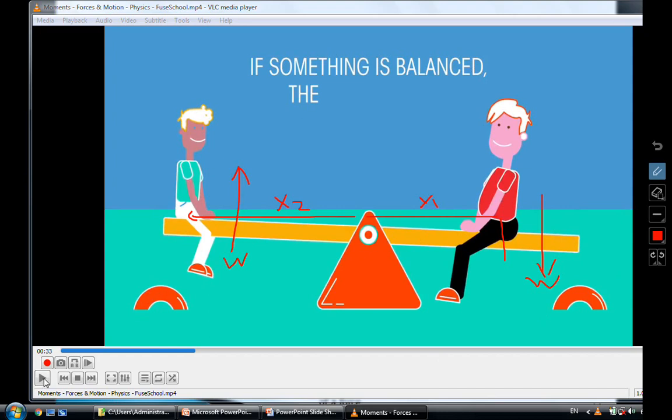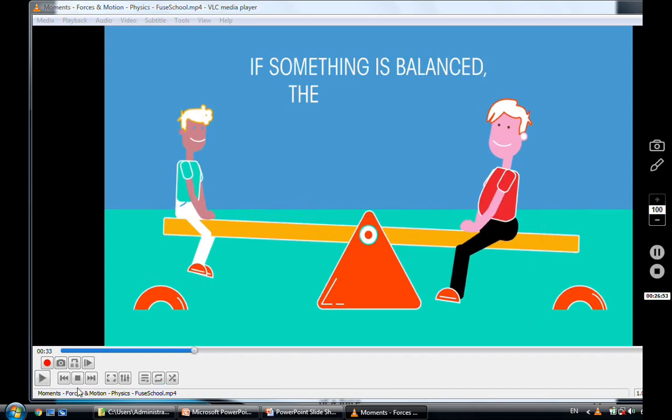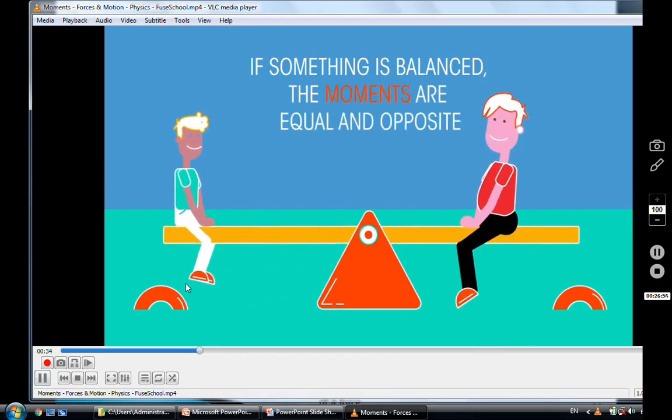So to make this seesaw balanced, what will we have here?